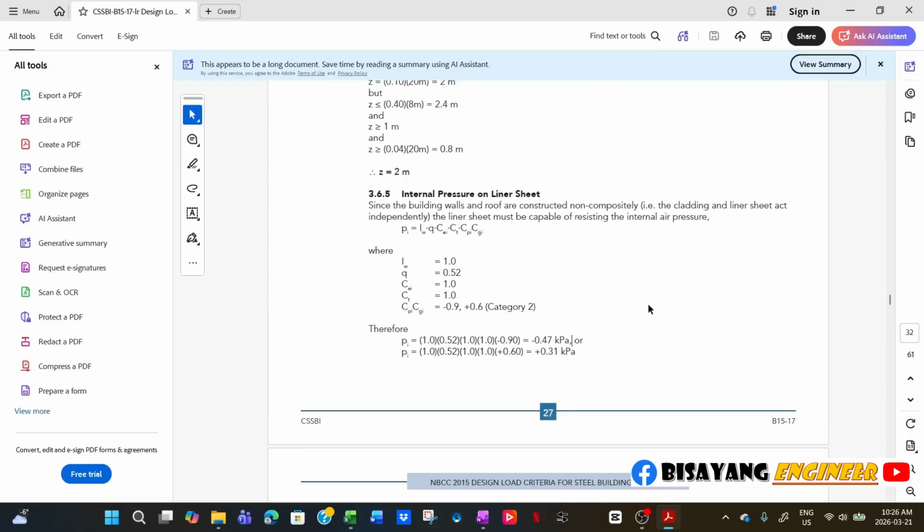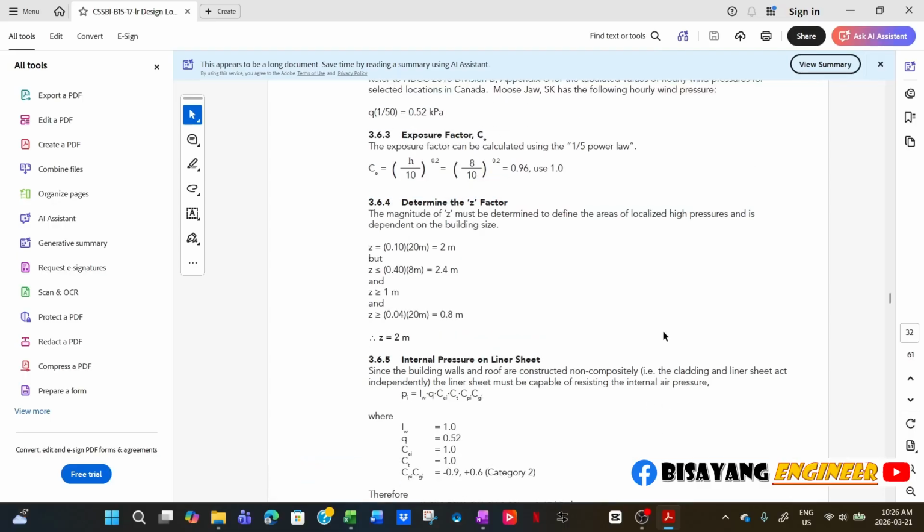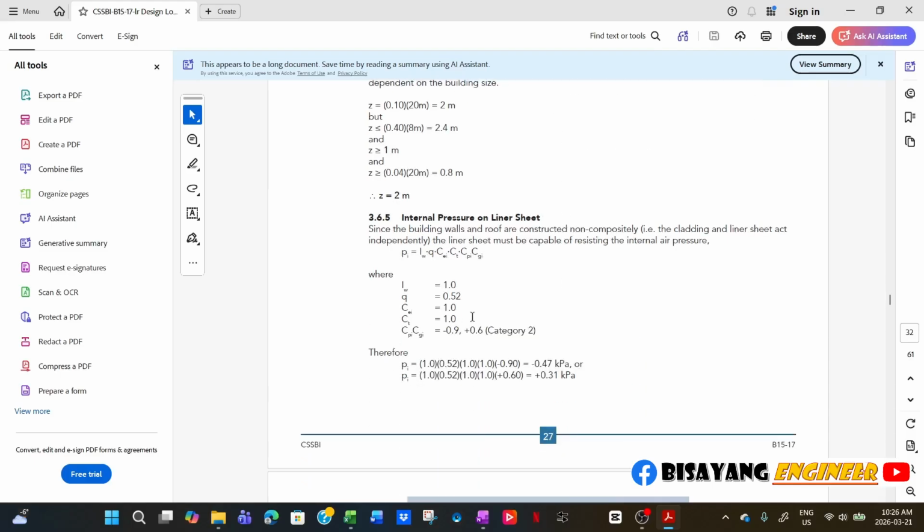It's not written in the code that the minimum is 1, but for some reason he rounded up the value of CT. Here it is 0.96, he uses 1. And in this one as well, he also uses 1 instead of 0.9 in my calculation.